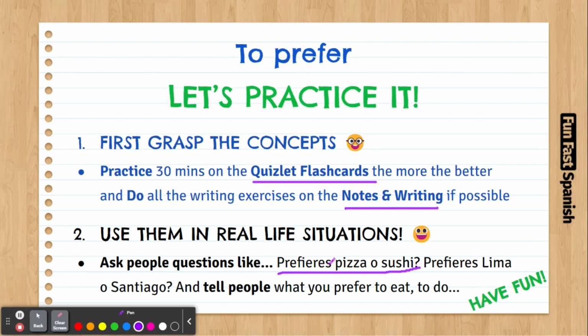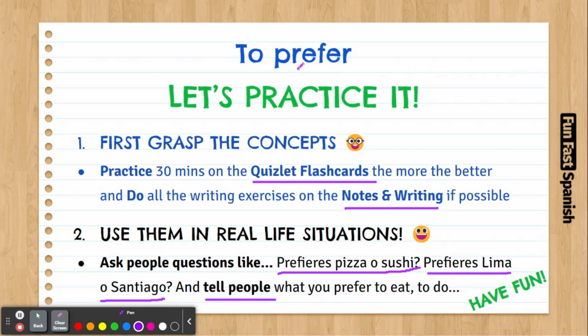Do you prefer pizza or sushi? ¿Prefieres Lima o Santiago? Do you prefer Lima or Santiago? Lima, Peru, Santiago, Chile. And also tell people what you prefer to eat, to do, to drink, everything. And by doing this, you are going to nail this verb.